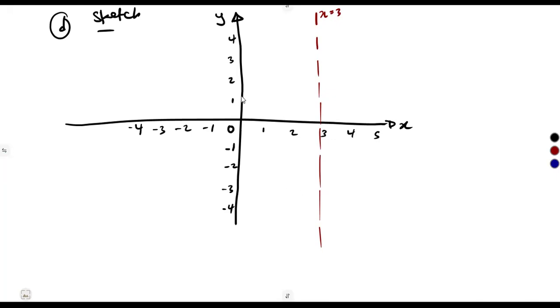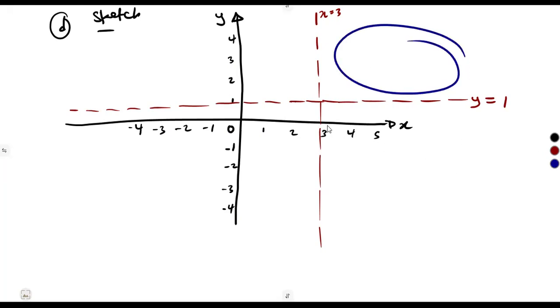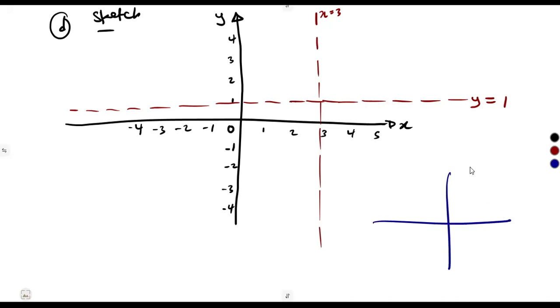And y is equal to 1, that is where we are going to have our line. You can have a continuous line, it's fine, but for asymptotes, it's best that you just use what? Broken lines like that. So that's for y is equal to 1. So our graph is limited within these asymptotes, just as it was supposed to be when it was y is equal to a over x, and this a is positive.